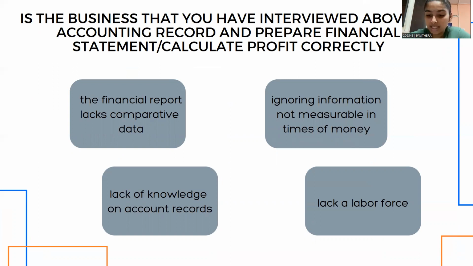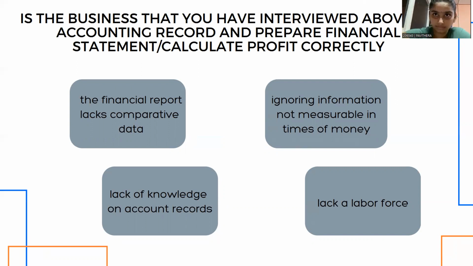One of the reasons is that the financial report lacks comparative data. Mr. Danny has the possibility to enter the previous month or the budget amount, which makes it easier for the reader to see whether the current amount is less or more. This situation happened because of poor analysis of accounting data. Next, I'll pass to Trisha.